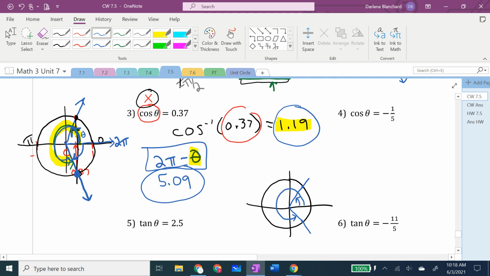And then if I take those two numbers and I add 2 pi or subtract 2 pi any number of times, I will find every single possible answer to that equation. So my final answers are 1.19 and 5.09 radians. And that's number 3 done.